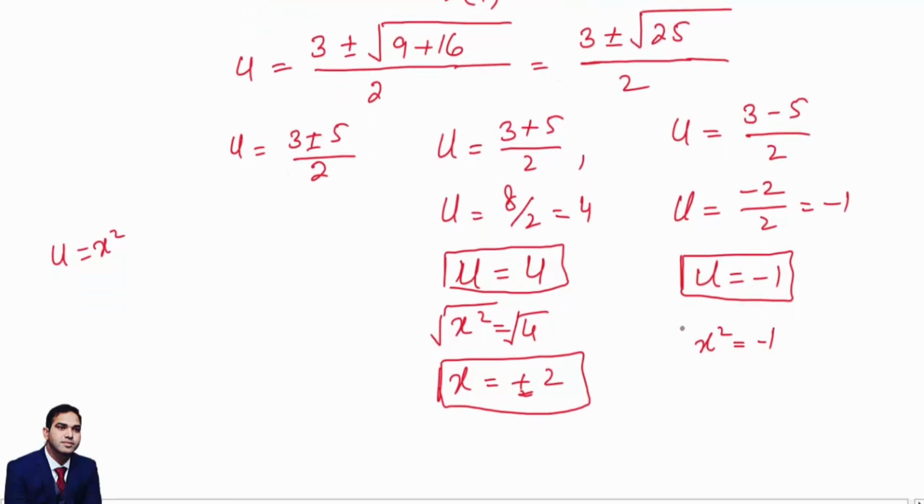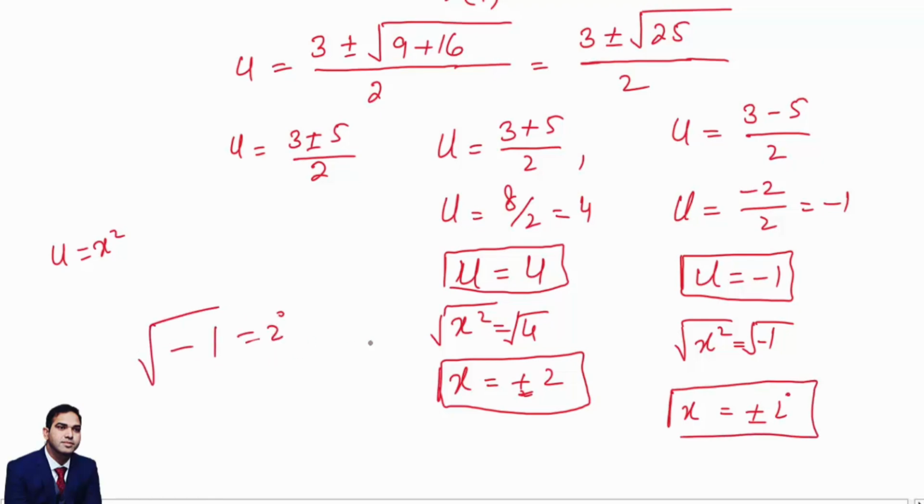After that, taking square root of negative 1, we know that x is equal to plus minus iota. What is iota? The square root of negative 1 is equal to iota. This is a complex part. So we have two answers of x: plus minus 2 and x is equal to plus minus iota.